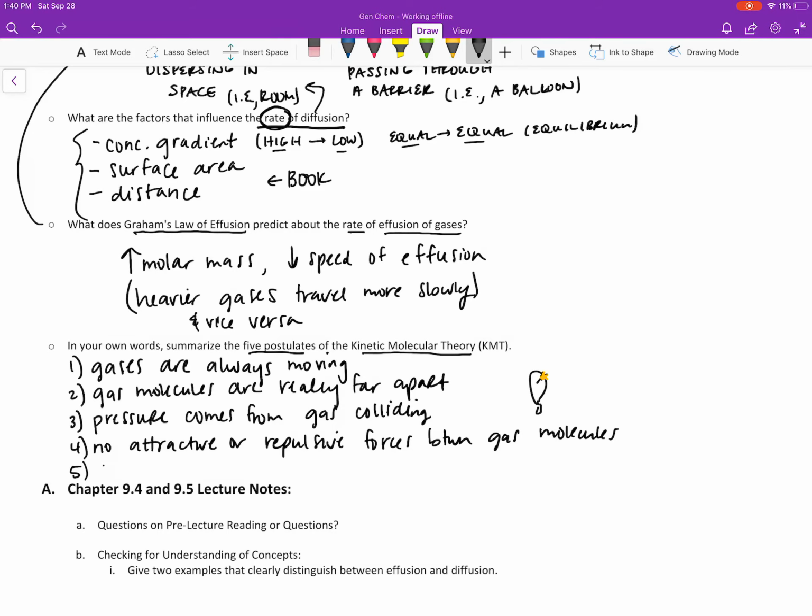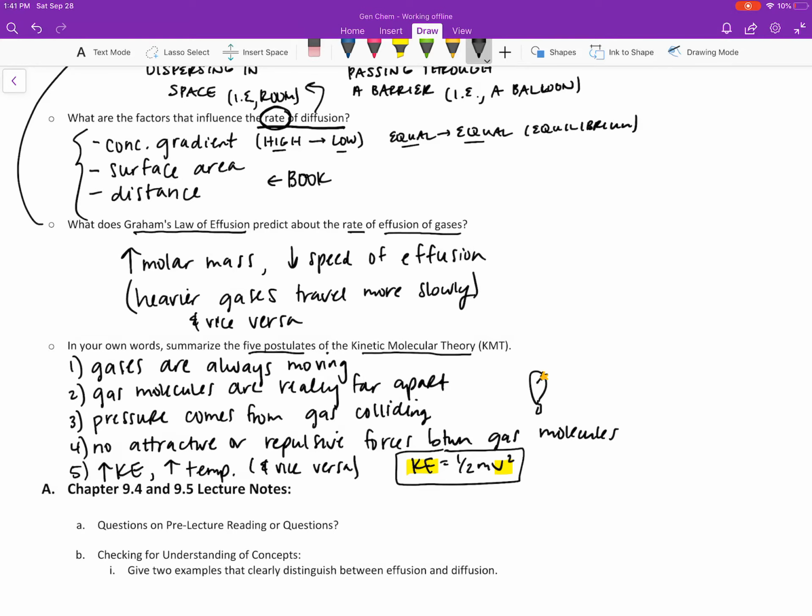The fifth one is important because it's going to relate us to kinetic energy, and that's that the kinetic energy of the gas will increase as the temperature increases, and then vice versa. So as we heat up a system and we increase the temperature, the kinetic energy of that particular system will also increase, and then we have, I would say, an equation that comes from physics because that's when I remember learning it specifically, but it relates kinetic energy to the velocity, which is the speed.